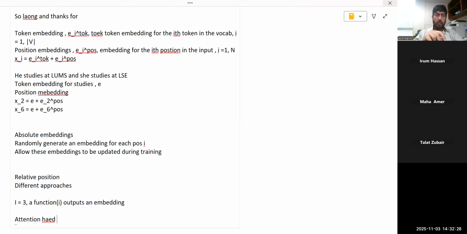If you do that, then you don't need to update the input with the position embedding, because position would then be catered in the attention mechanism.